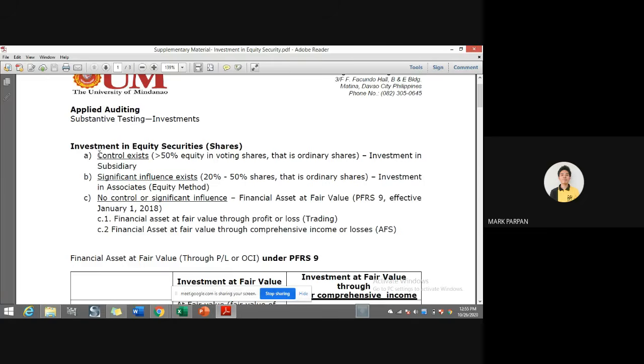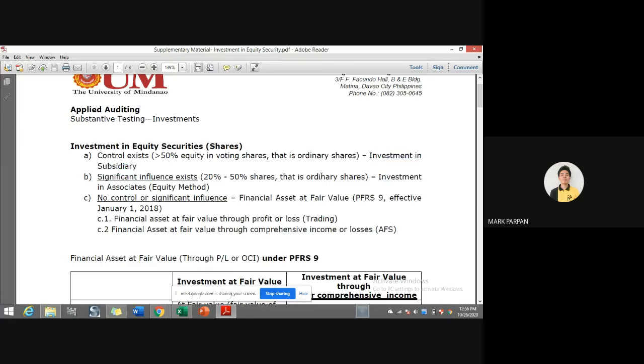For control to exist, you must have more than 50% equity in the voting shares. But remember, the voting shares are only ordinary shares. If you have more than 50% of the ordinary shares, it means that you have control over the company, and that is your investment in subsidiary.